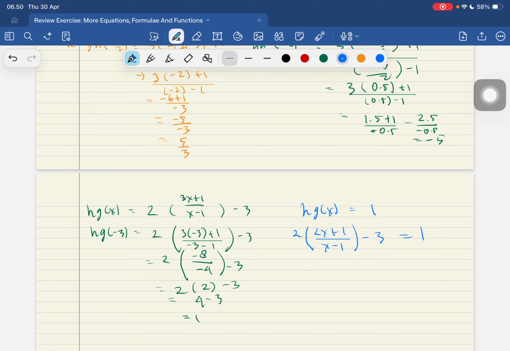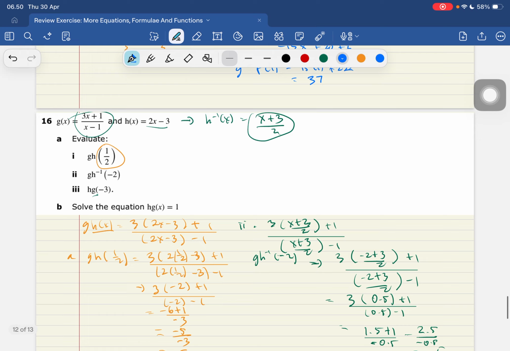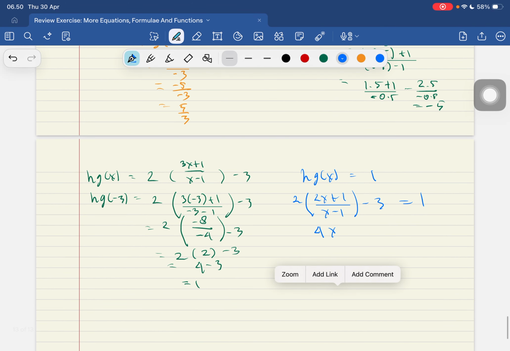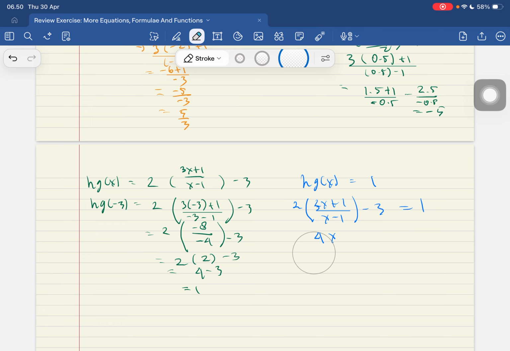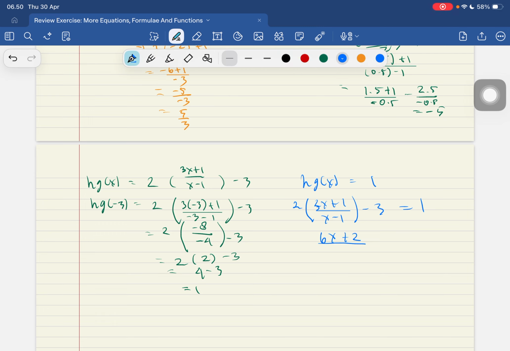Let's multiply by 2. It's not 3. Come on, it's 3. So it's gonna be 6x plus 2, we divide by x minus 1. As this is 3, let us multiply by x minus 1.